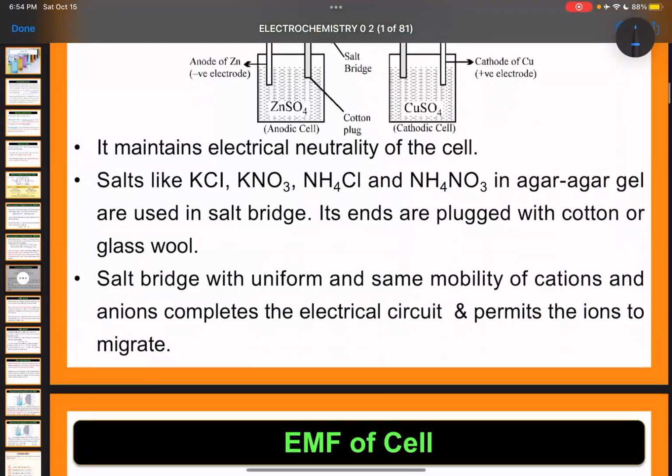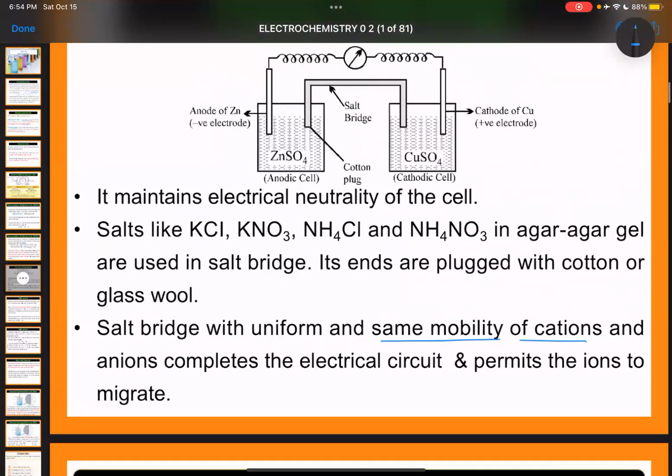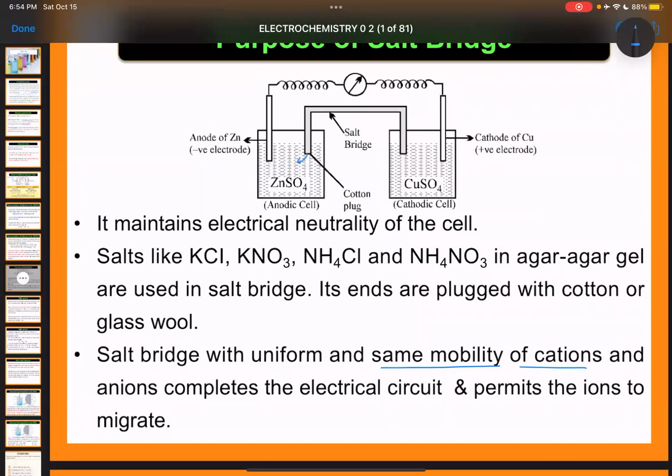One more thing: the cation and anion which you take in the salt bridge should have the same mobility. Suppose you take potassium nitrate. In this case zinc is getting deposited here, so NO3 minus will come into this compartment, and the potassium ions will go into that compartment.